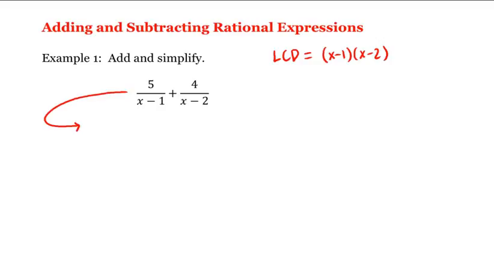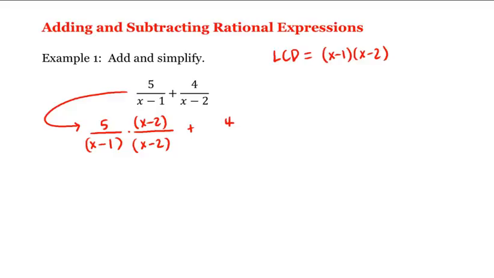So this is equal to 5 divided by x minus 1. And now we need to multiply both the numerator and denominator by what's missing from the LCD, which in this case is x minus 2.